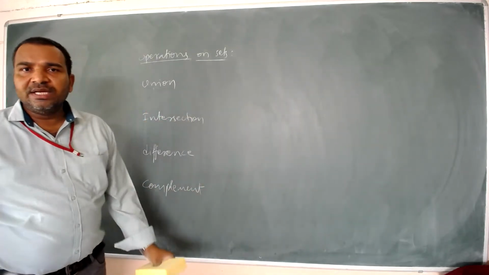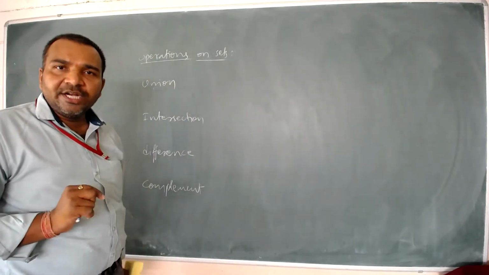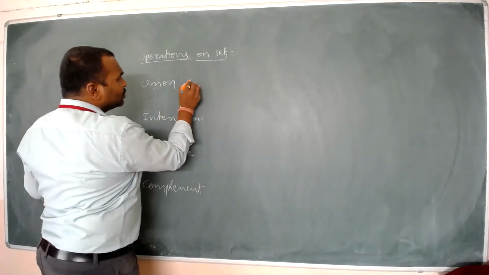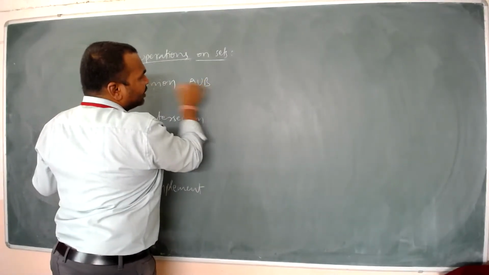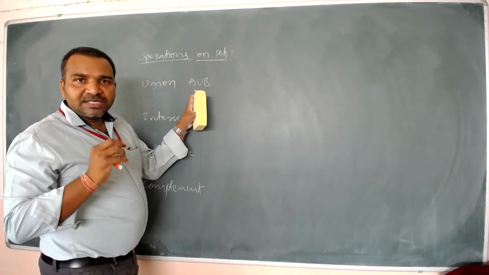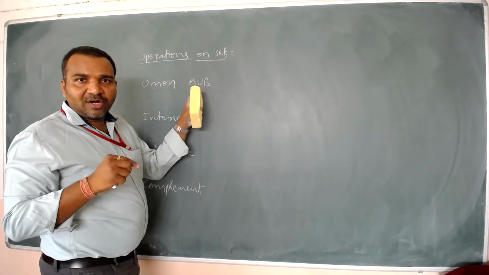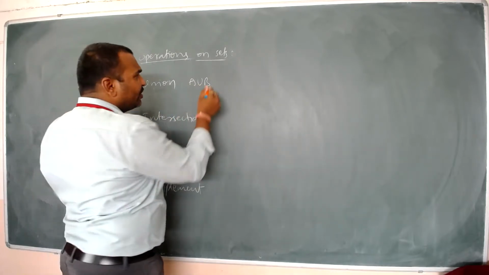First, union. A comma B are any two sets. The union of these two sets is denoted by A union B. This is the symbol for union. What is the meaning of A union B?